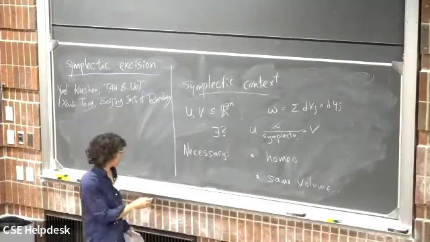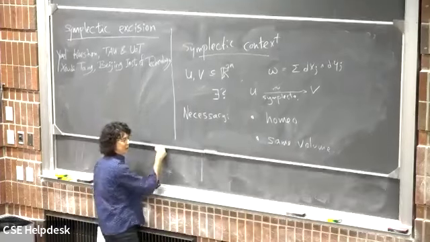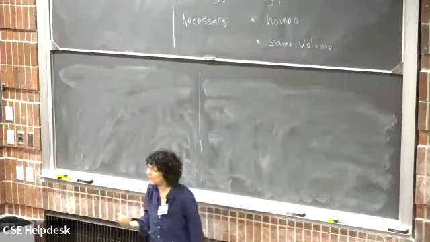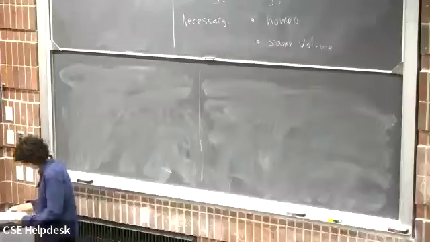Of course, it is necessary that the open subsets be homeomorphic, and it is necessary that they have the same volume, but we know that this is not enough.